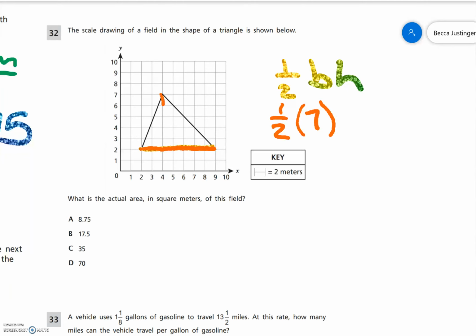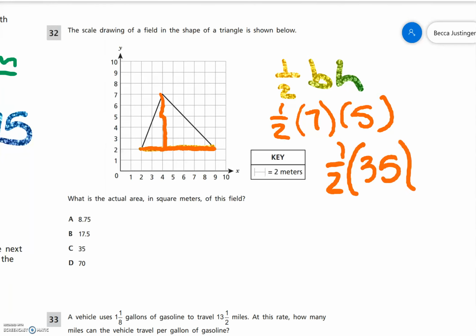The height is 1, 2, 3, 4, 5. So 1/2, 7 times 5 is 35. So I find out what half of 35 is, 17.5.